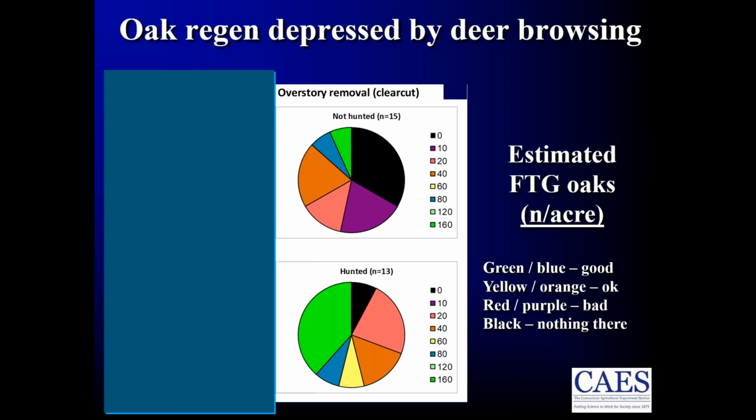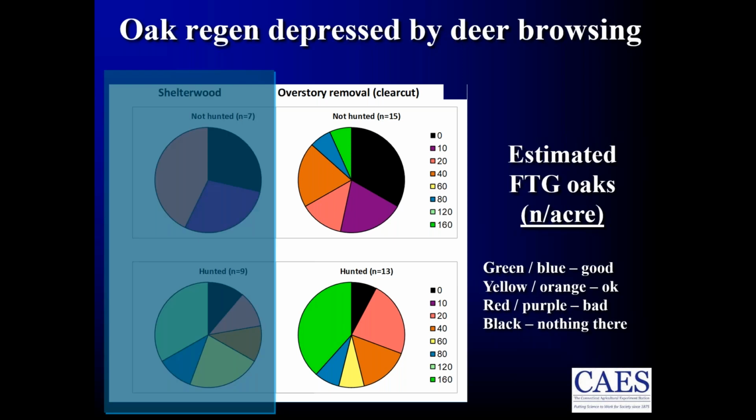If you look at the not hunted areas, at 10, 11 o'clock, about 15% of those stands actually had at least 60 oaks per acre. If we look down below in the hunted ones, over 50% of those stands had at least 60 oaks per acre. So we didn't look at deer density because some of these stands were 10, 11 years old, but there's a real difference in just hunting and not hunting, showing what deer will do.